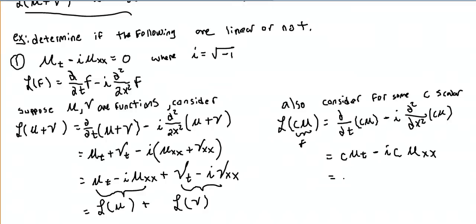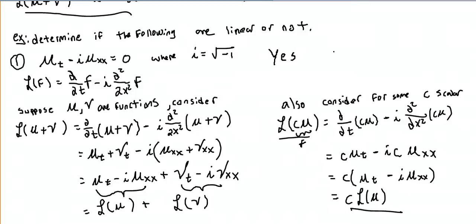We know we can factor this out. So this is c times u sub t minus i u xx, which is really just equal to c times L of u. And therefore, this equals this, so yes, it is linear.